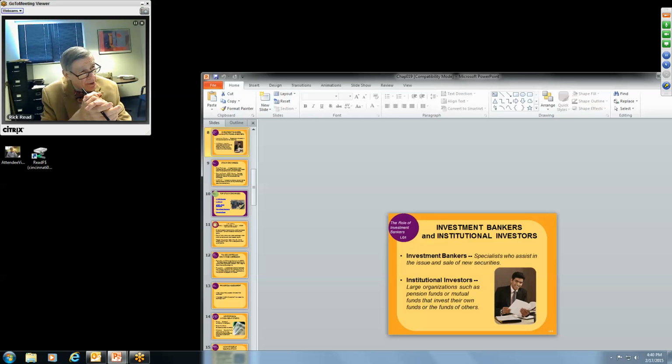I don't know whether they're in retirement or exactly what they're in, but there's another one out there. So they are investing not only their funds, but in some cases funds of others, like a mutual fund would, to buy and sell shares of securities.